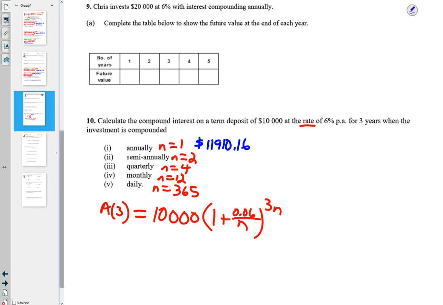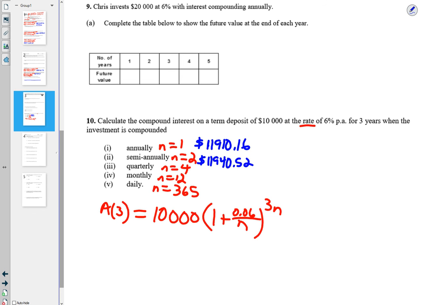If you compound semi-annually, I'm getting 11,940.52.